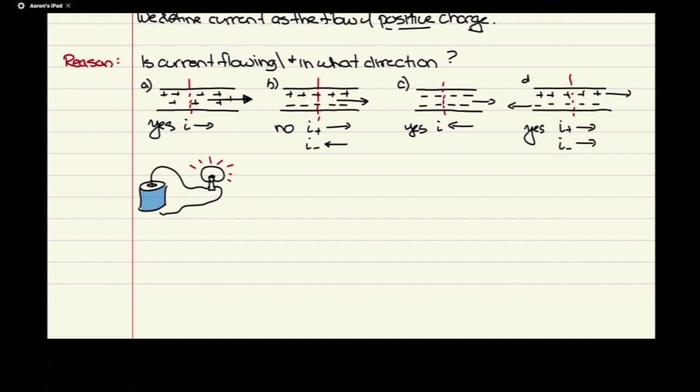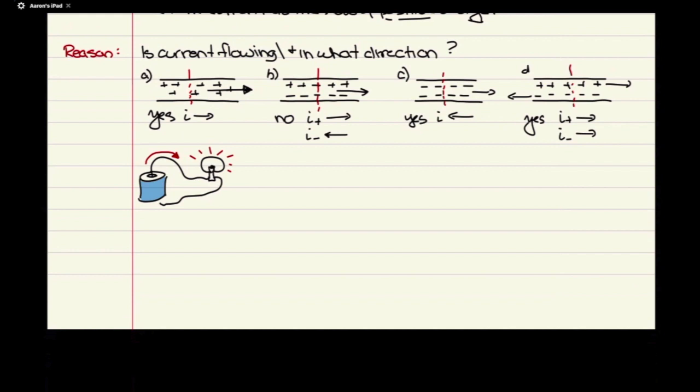In this case, the way I would draw this, I would say what's happening is that there's a current that is flowing, and taking the conventional assumption that it's positive charges that are flowing, even though for a wire it would actually be the opposite.